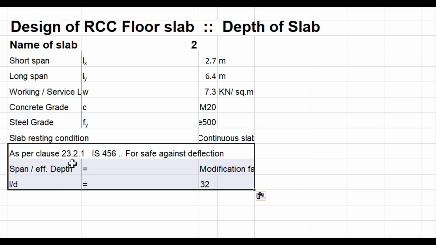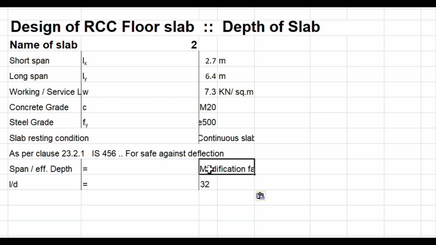As per clause number 23.2.1 of IS 456, for safety against deflection, the span by effective depth is equal to 26 into the modification coefficient.